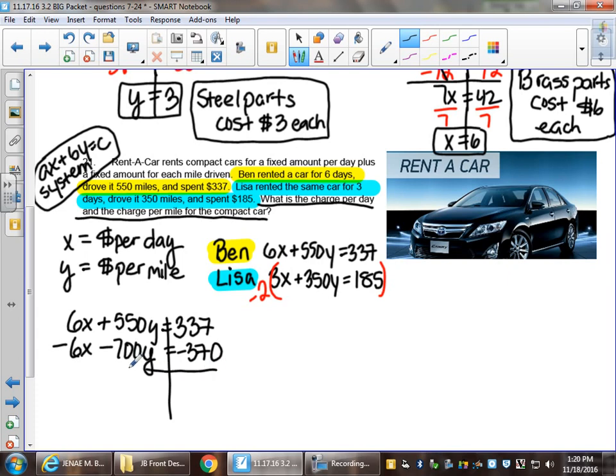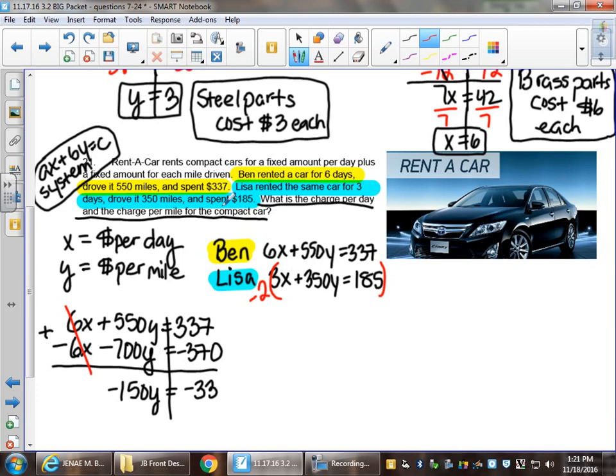We're ready to linearly combine. Adding these together, my x's will cancel. 550y minus 700y is -150y equals 337 minus 370 is -33.